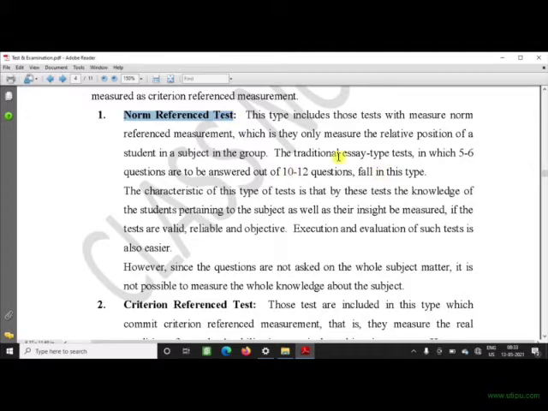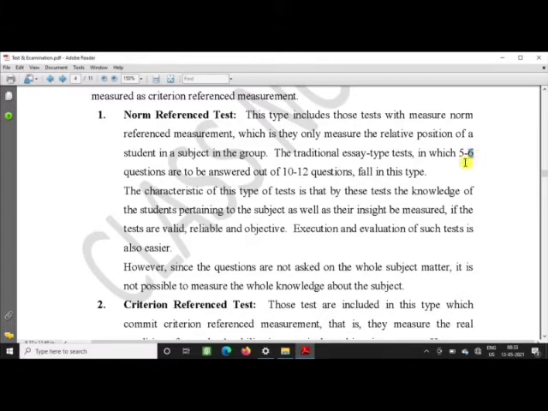For example, in such exams, you have to choose 5 or 6 questions out of the given 10 or 12 questions. These are the norms, and as a teacher we have to construct 12 questions, and from these 12 questions we can only expect you to do 6 questions. The norms have been already set.